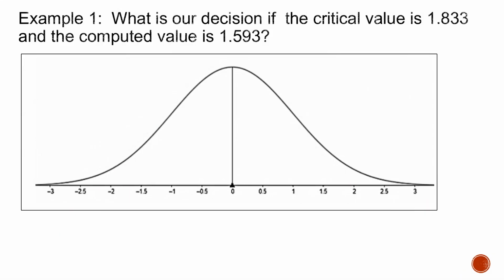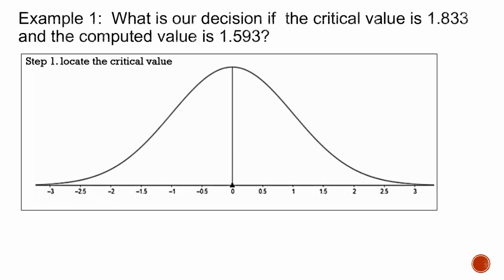Let us answer and analyze example number one. What is our decision if the critical value is 1.833 and the computed value is 1.593? So these are the steps again. The first is to locate the critical value. Our critical value is a positive number, 1.833.